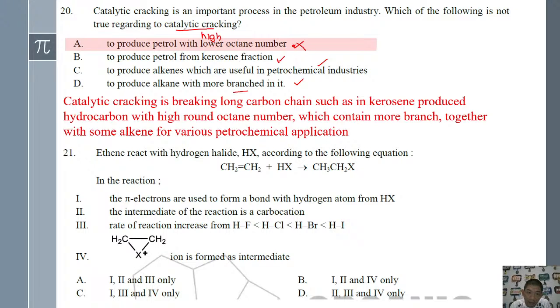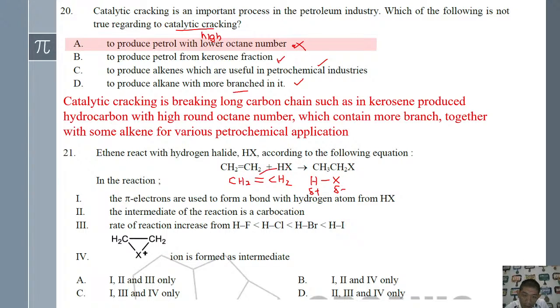21. Ethene reacts with hydrogen halide HX according to the following reaction. So in this reaction, which one is true? Okay, A. Pi electrons are used to form bond with hydrogen atom from HX. Yes. So the first step of the mechanism is you form a carbocation. The C double bond C will attack the partial positively charged hydrogen in here.